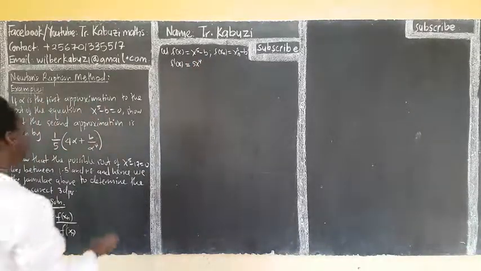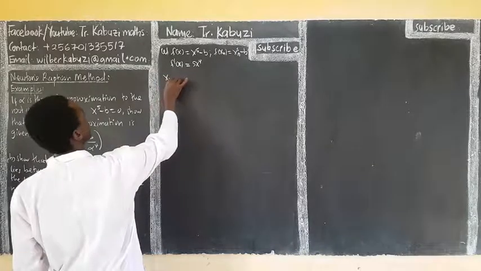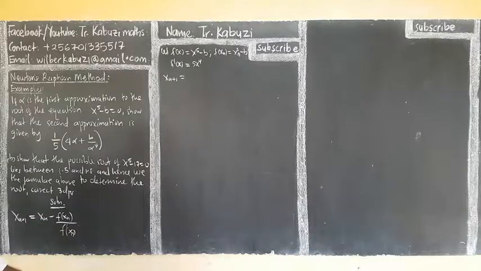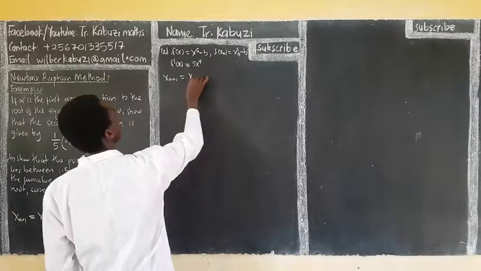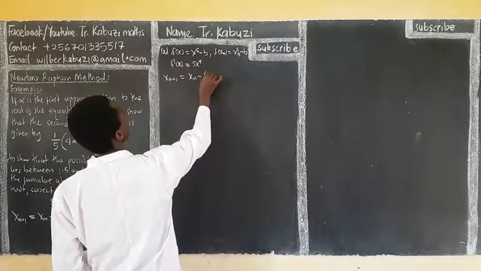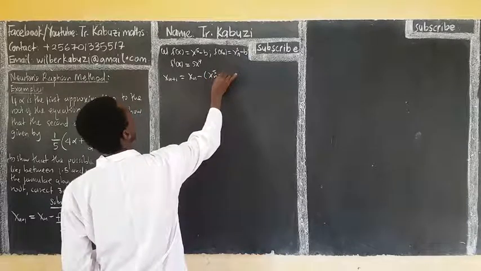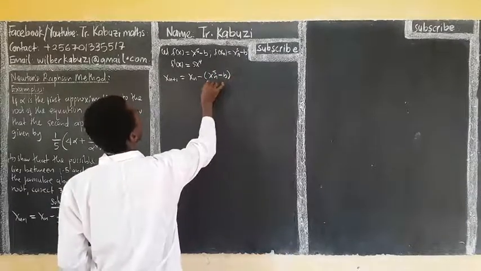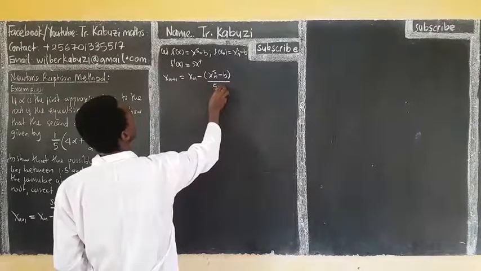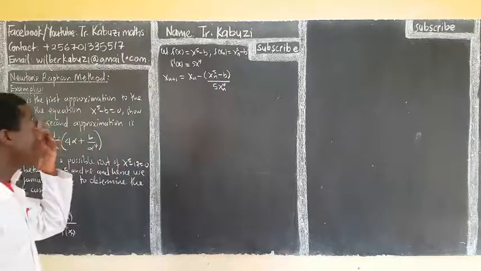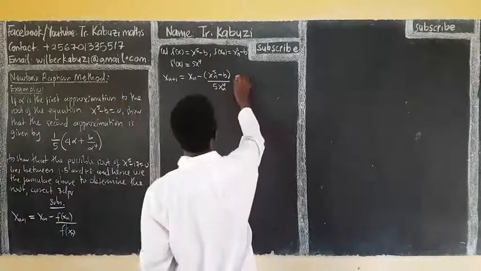Now substituting into this formula, x n plus 1 is xn minus the function evaluated at xn, the whole over the derivative, 5 xn power 4. Now here we cross multiply.